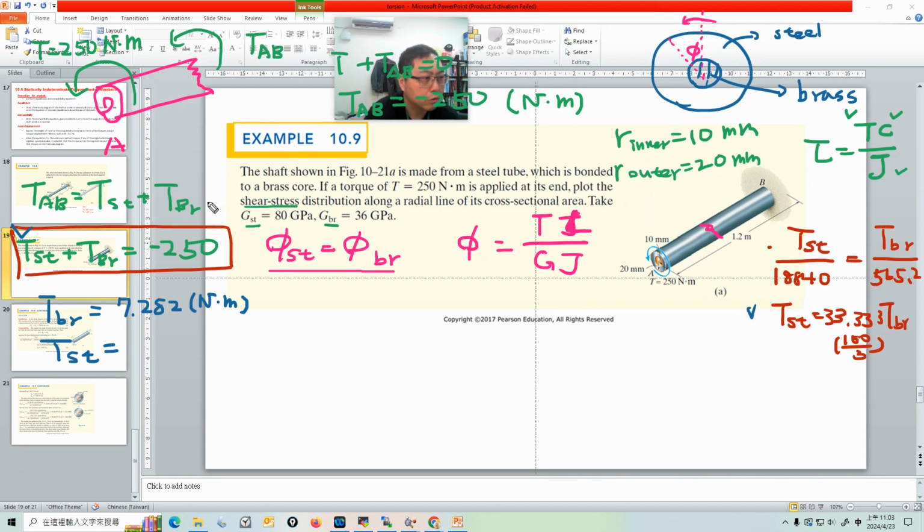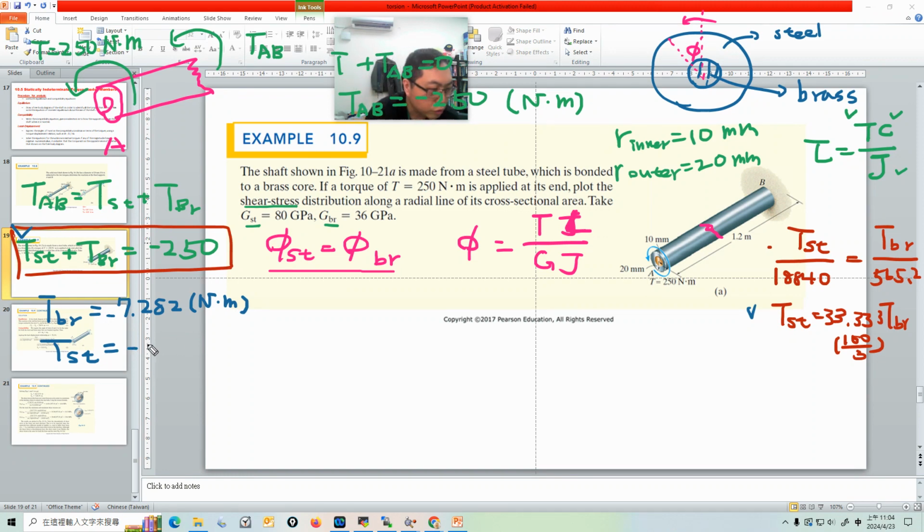Till now the only problem is this minus sign. Let me check, do I really have this TAB? Yeah, TAB is equal to this, and I think it's a minus sign here, and here is a minus.